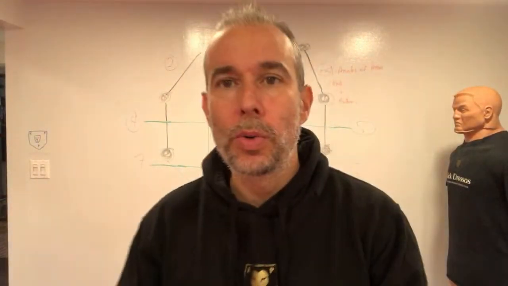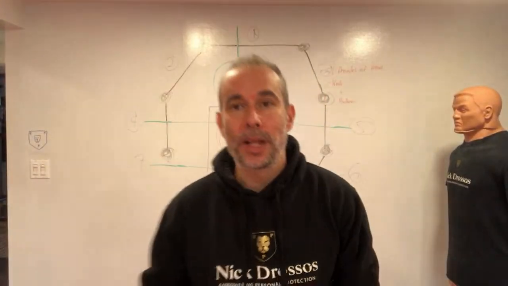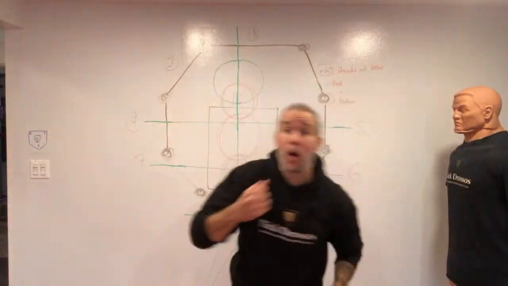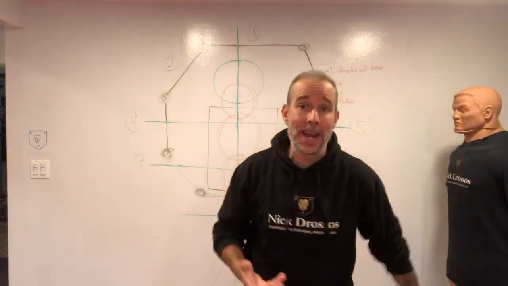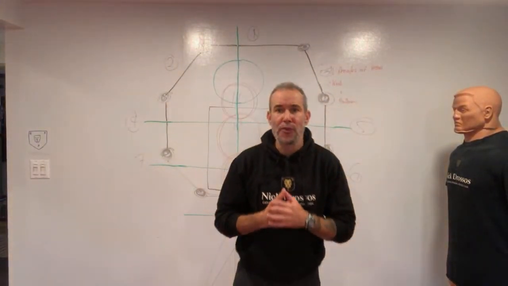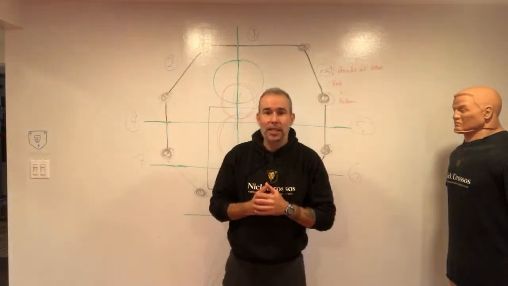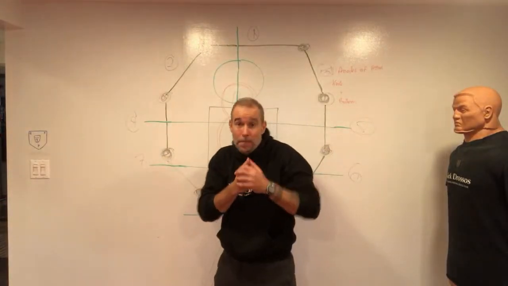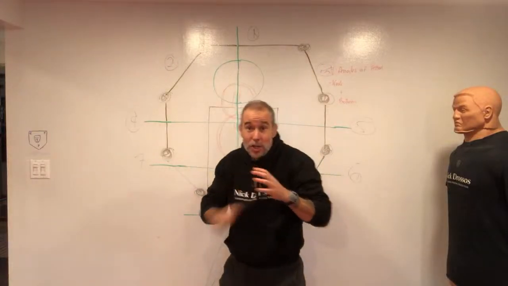Then you want to do certain drills where you're being attacked from all these angles with both hands or one hand. Preferably start with a one-hand attack and just develop the reflex to be able to block up, up, side, side, straight.